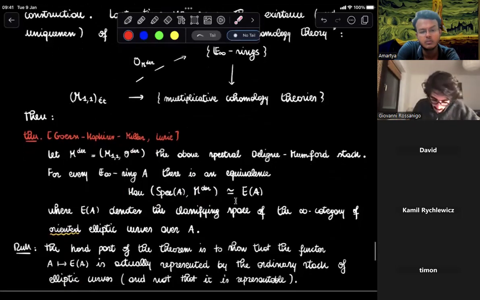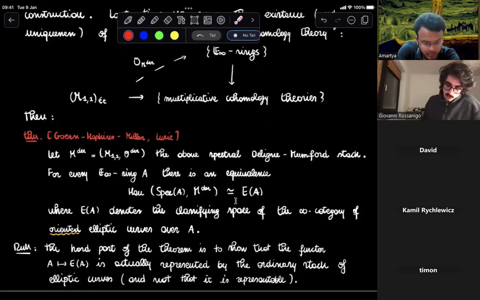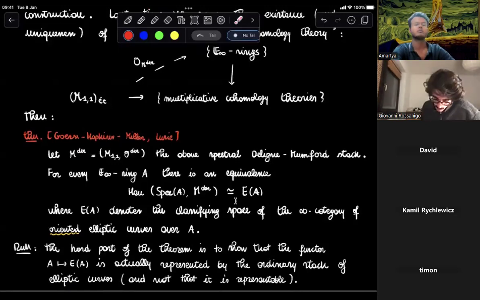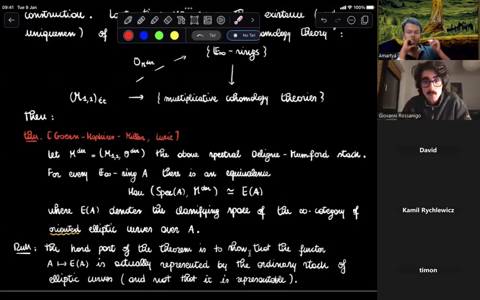What's really hard to prove in this theorem is that the classifying space of oriented elliptic curves over A is representable by the ordinary stack of elliptic curves. It's actually easy to prove that it's representable; the point is to prove that it's representable by the ordinary stack. The construction uses the existence of orientations in order to show that we are not asking for something really new.